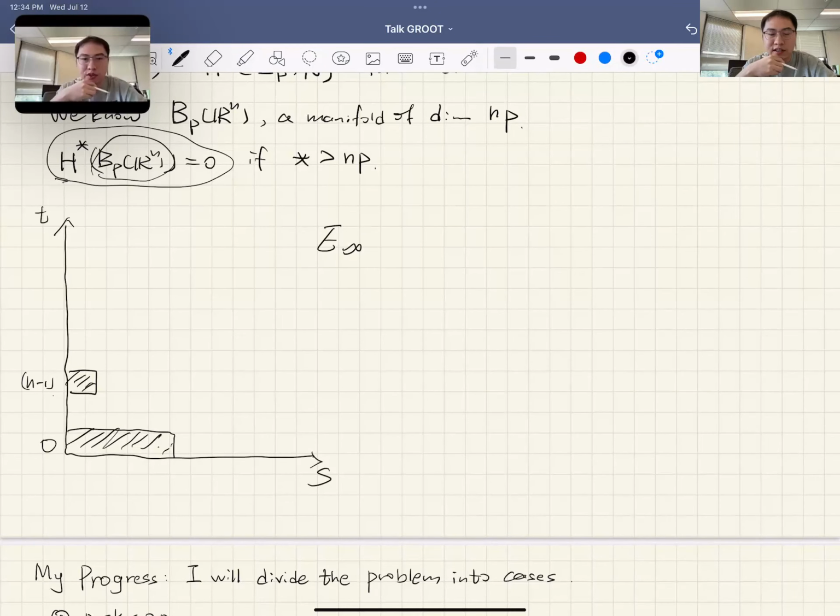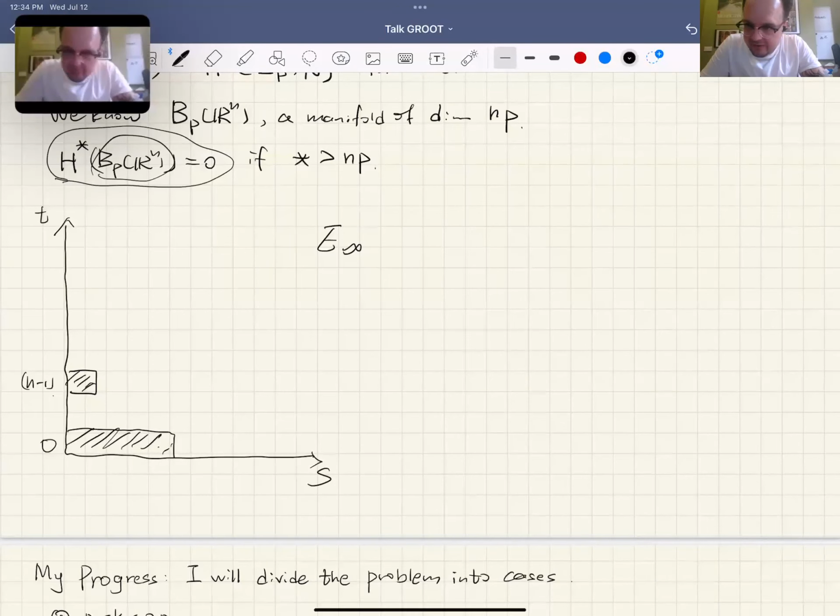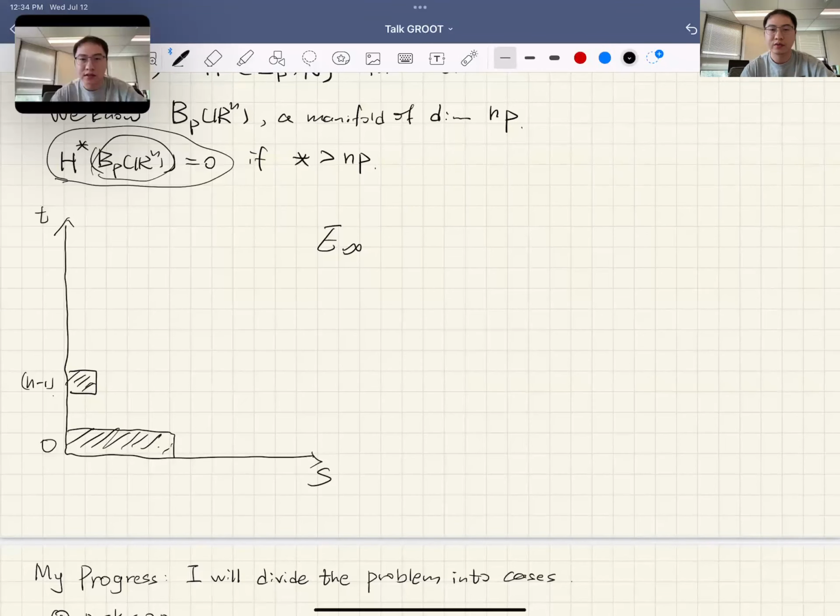So do you need some restriction on the ambient manifold to build a map the other way? Sorry, I'm not following the question. That one looks like it was from a little while ago, about 10 minutes. It was the mapping.